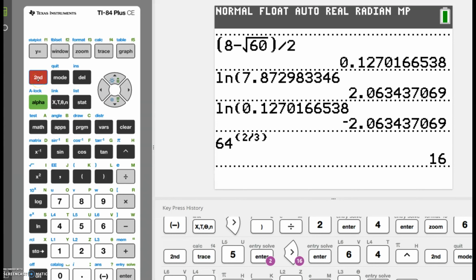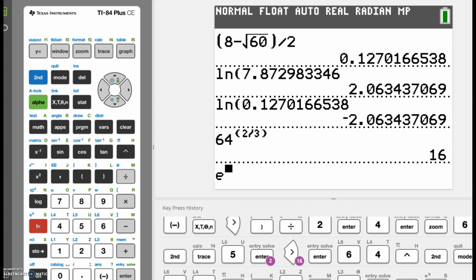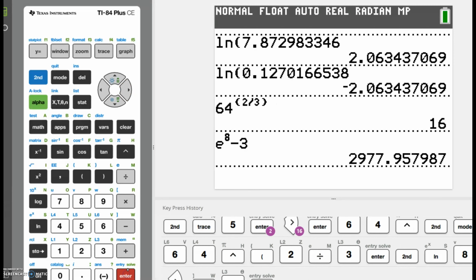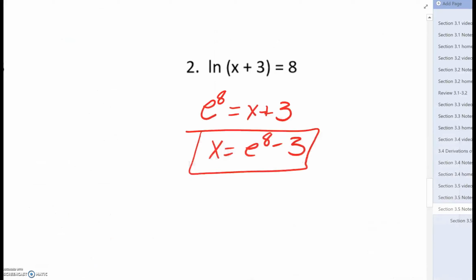If we have e raised to the 8th power, and then minus 3, that's approximately 2977.96. In case you needed a decimal approximation there.